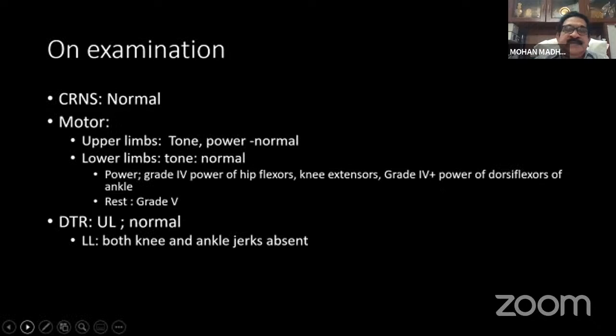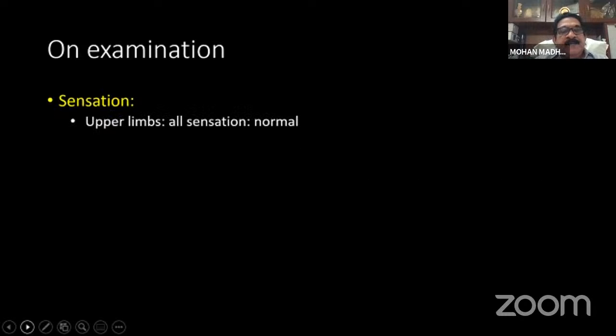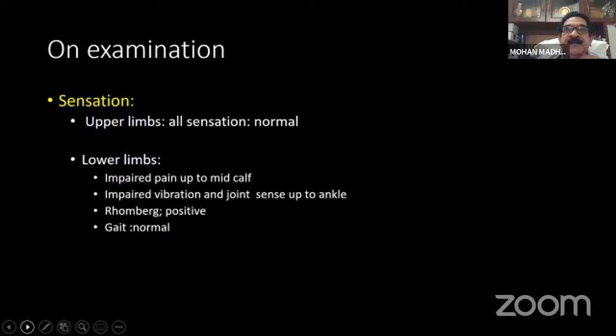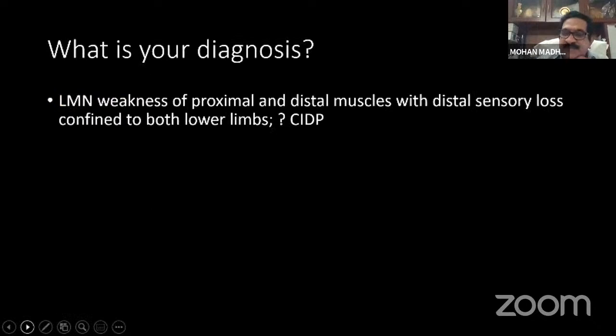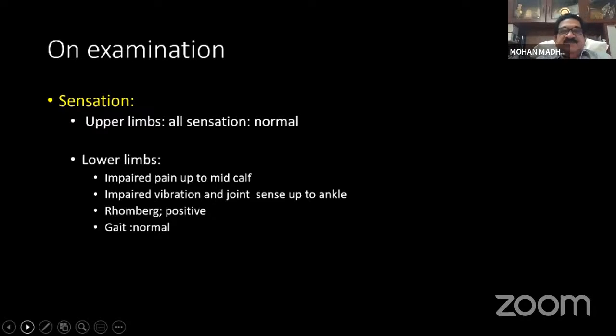In the lower limb, both knee and ankle jerks were absent. Abdominal reflexes absent. Plantars mute. Sensation: upper limbs, all sensations normal. Lower limb, impaired pain up to mid calf, impaired vibration and joint sense up to the ankle. Romberg positive. Gait normal. So, what is your likely diagnosis on the examination?